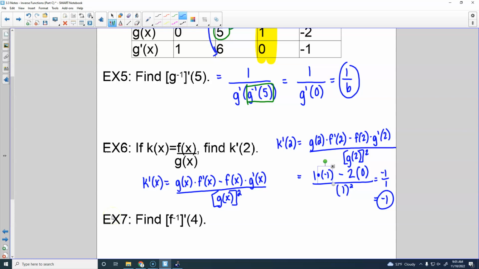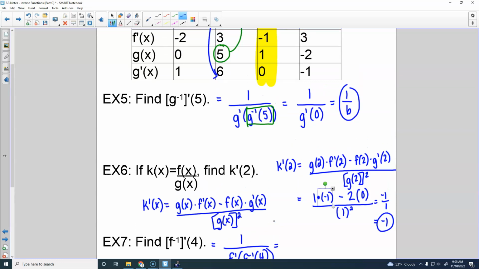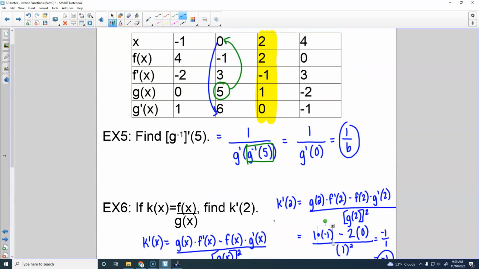And then our last one here, we're going to have 1 over f prime of f inverse of 4. So if we look at that, f inverse of 4.